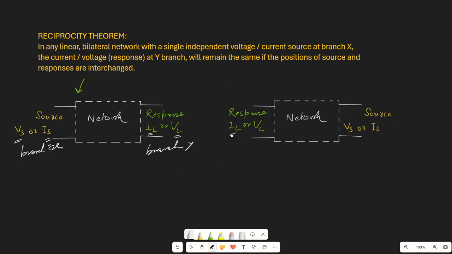That means we will bring from branch Y the response to branch X, and we will be sending the source from branch X to branch Y, then the response remains the same.